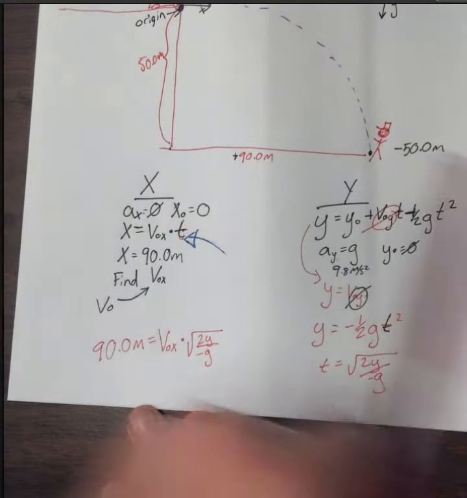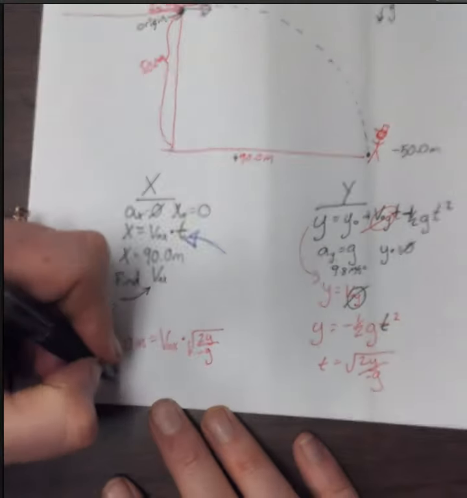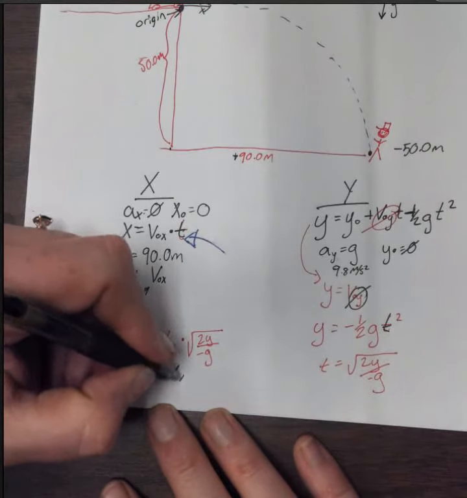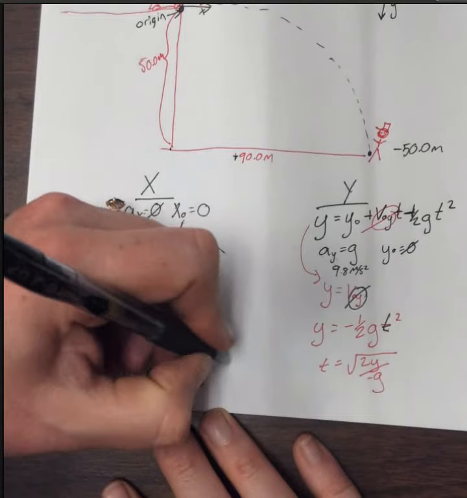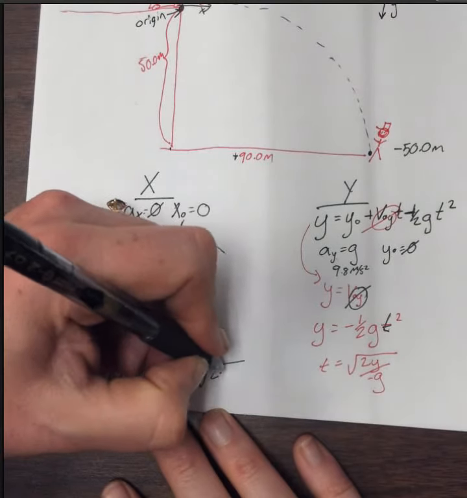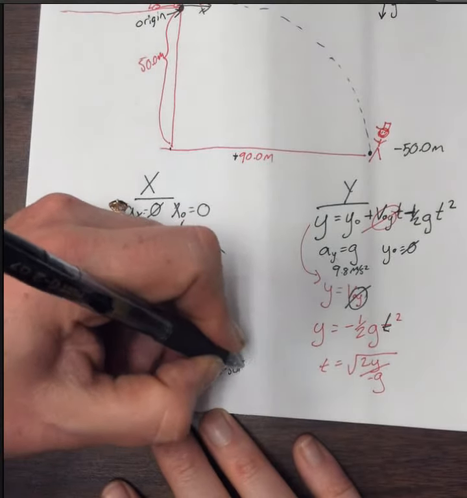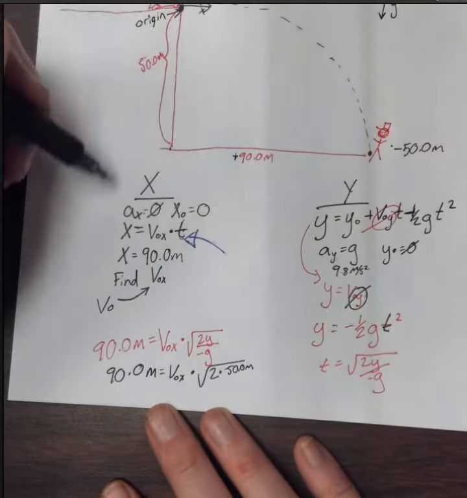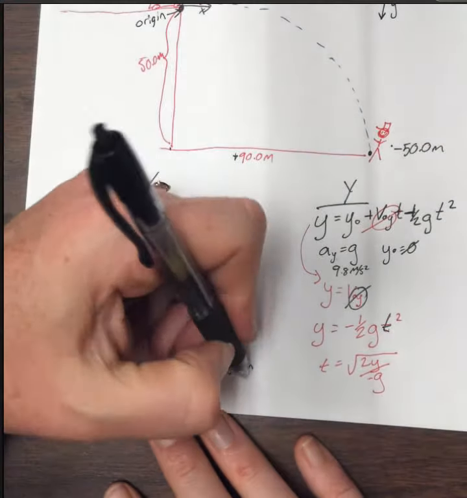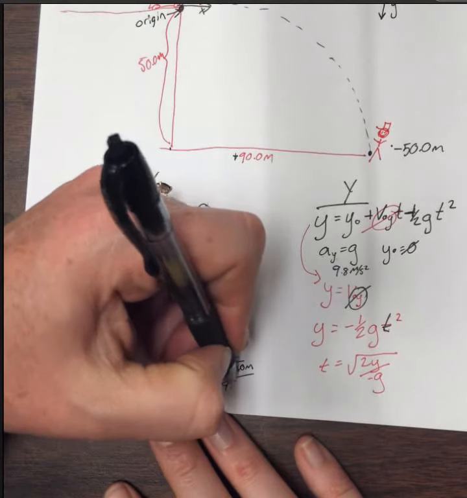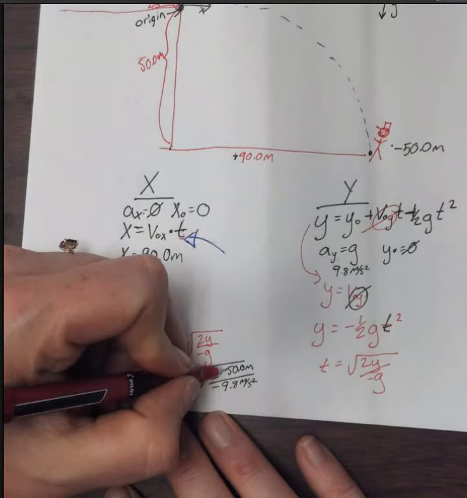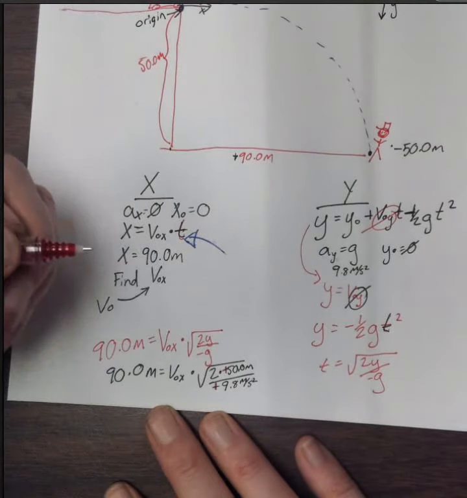And I can plug in those values, so 90 meters is going to equal v naught x times the square root of 2 times a negative 50 meters, because we decided the final position was 50 meters below the origin, divided by a negative 9.8 meters per second squared. And lucky us, the negative up here and the negative down there cancel out.